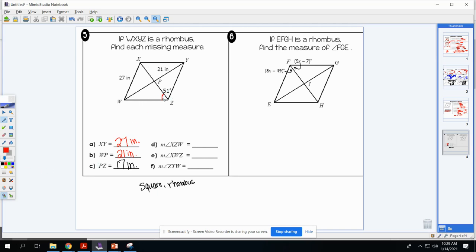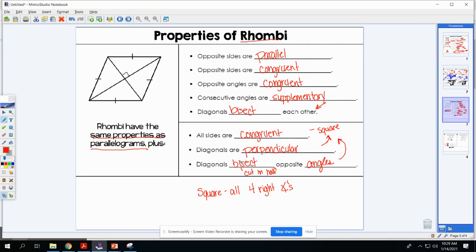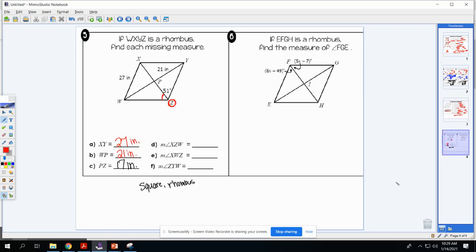XZW. All right, so XZW is right here, which tells me it's part of our angle Z, right? Part of angle Z. So I'm going to go to our properties, figure out what we know about our angles. Well, our third property here says diagonals bisect opposite angles, or diagonals cut opposite angles in half.